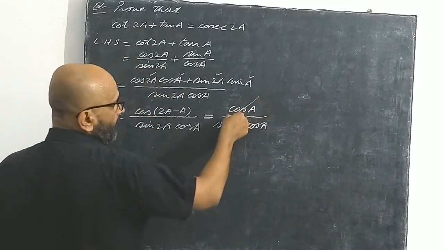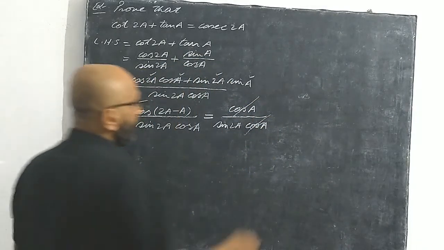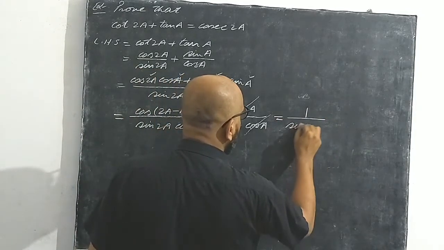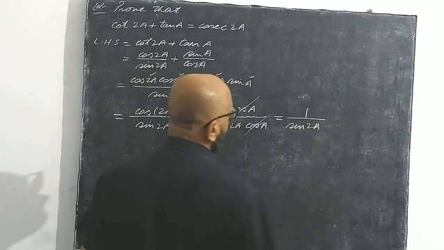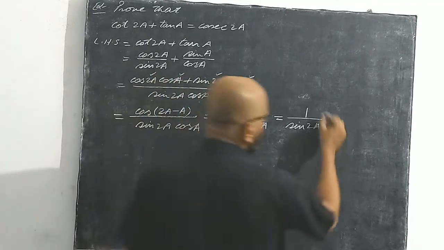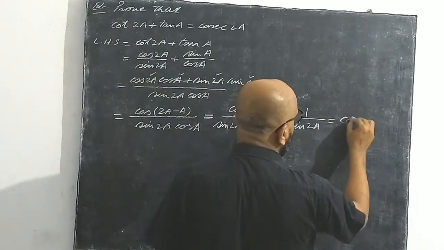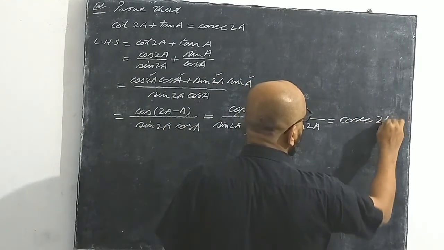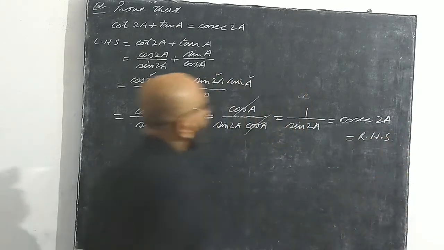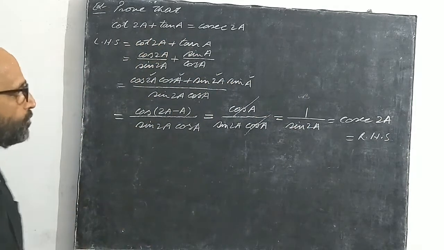As you see, cos A will cancel cos A from numerator and denominator, and we are left with only 1 upon sin 2A. And as you see, the reciprocal of sin is cosec, so 1 upon sin 2A may be written as cosec 2A, which was the right hand side. So we have proved cot 2A plus tan A is equal to cosec 2A.